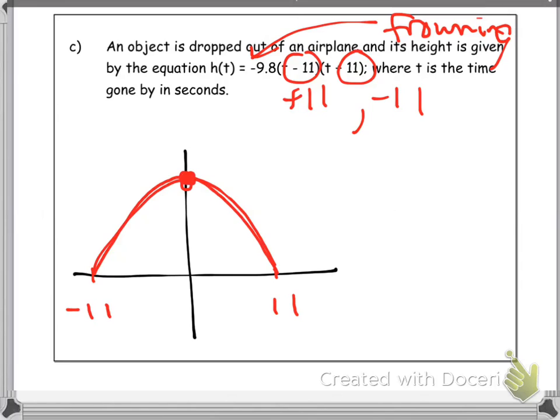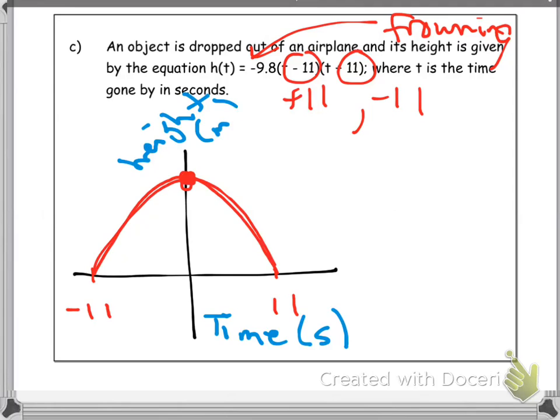So, an object is dropped out of an airplane and its height is given by this equation where t is the time gone by in seconds. So if t is time in seconds and h at t is the height, does it say in what? Nope. So I don't know. Assume meters or kilometers maybe would make more sense, say, if it's an airplane. So where along this parabola is that object dropped out of the airplane?